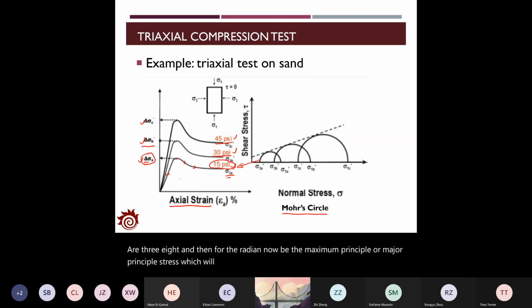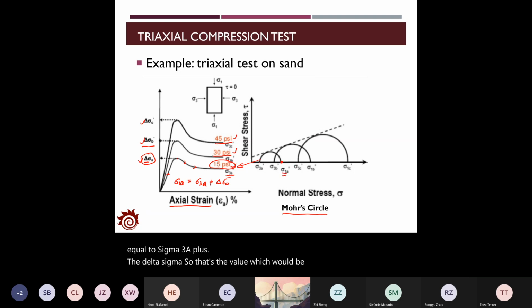And then the right end will be the maximum principal stress, the major principal stress, sigma 1a, which is equal to sigma 3a plus delta sigma a. So that's the value which would be the right end of the Mohr circle.